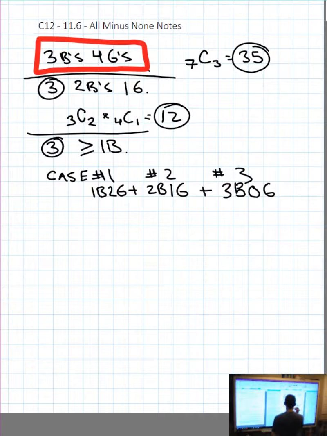So, choosing 1 boy from the case with 1 boy, well, I have 3 boys, the information from above, 3 boys.